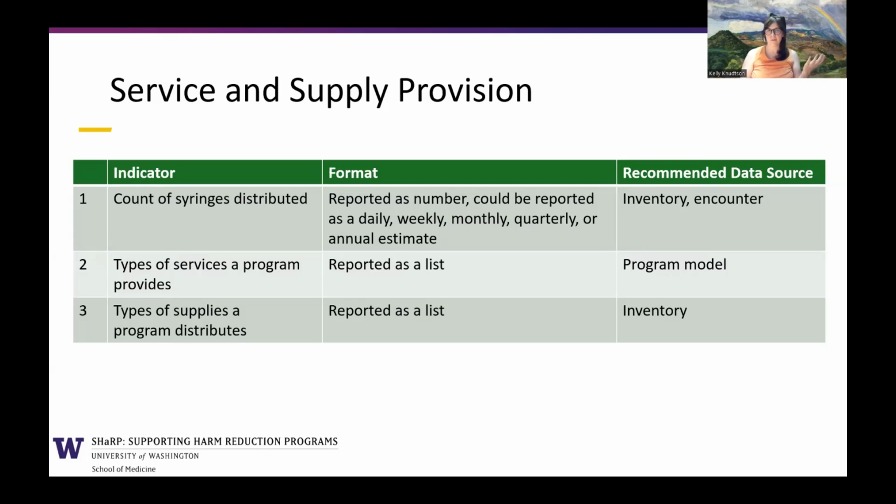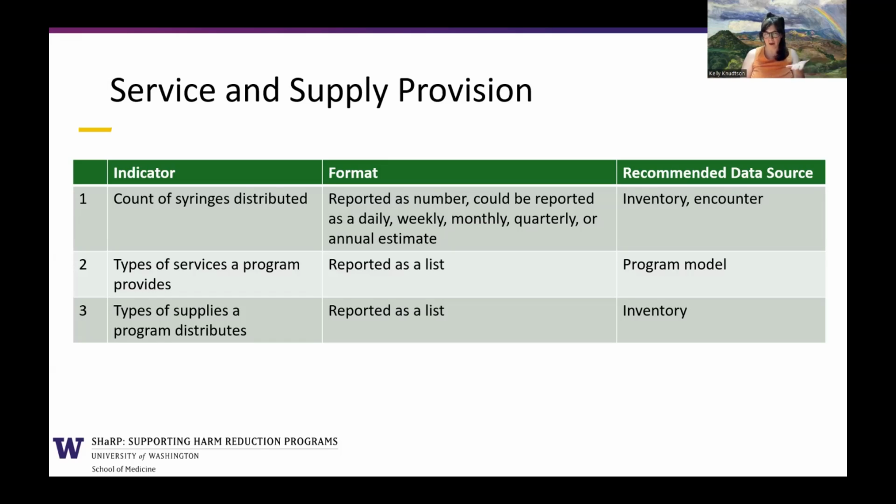The first domain is service and supply provision. And so these focus on the services that a program provides and the supplies that they distribute. The 3 indicators in here are the count of syringes distributed, the types of services a program provides, and the types of supplies they distribute. And this format of the table you'll see in this presentation as well as in the guide.